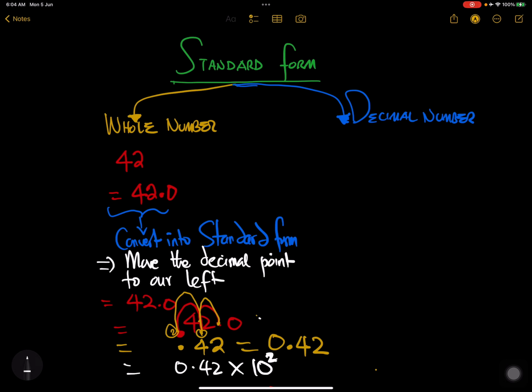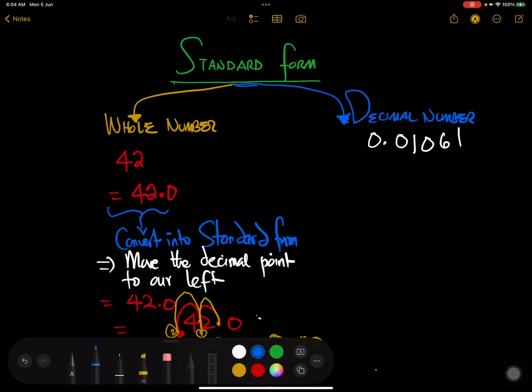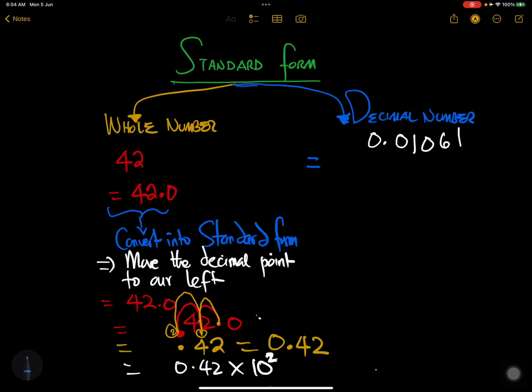On the other hand, if we have a decimal number, say 0.01061, what we will do first is move the decimal point to our right.